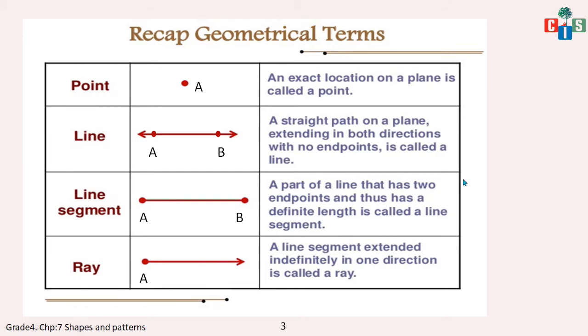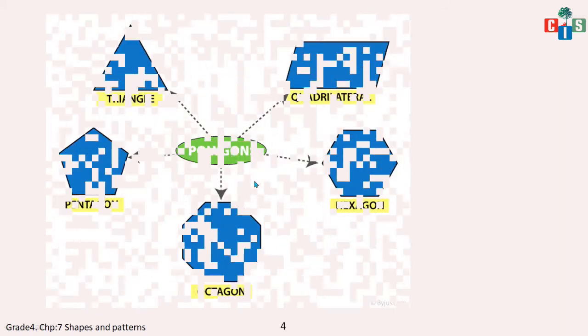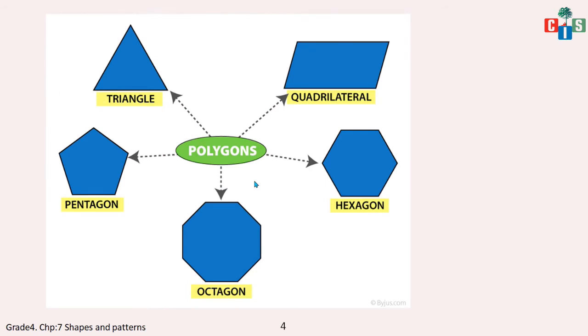And then we saw what a polygon is. A polygon is a figure which has many line segments, more than 3. If it has 3 line segments, it is known as a triangle, because tri means 3 sides. This is a triangle having 3 sides. Quad means 4 sides. This is a quadrilateral because it has 4 line segments.